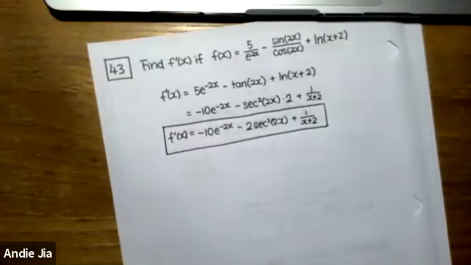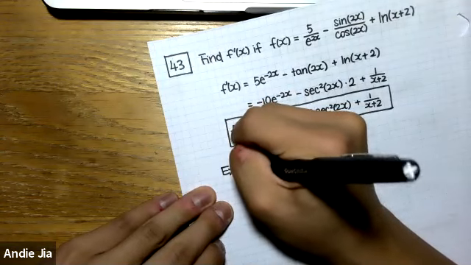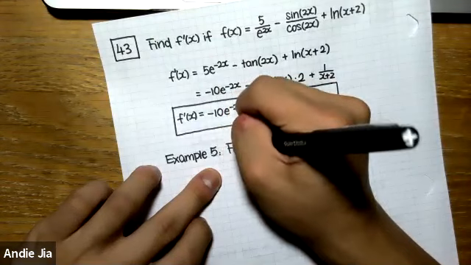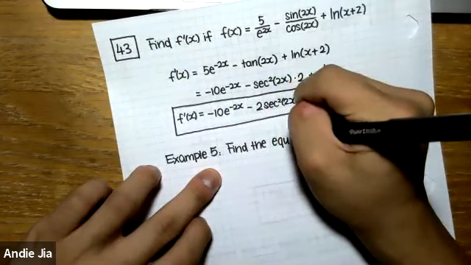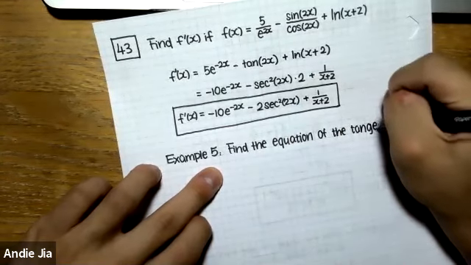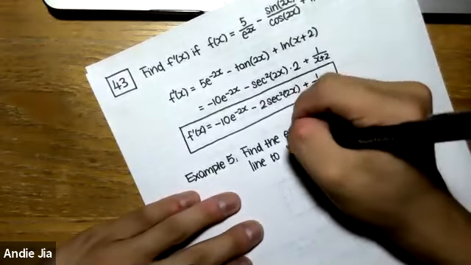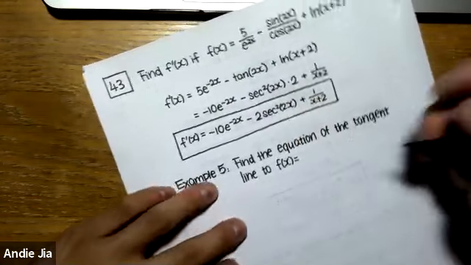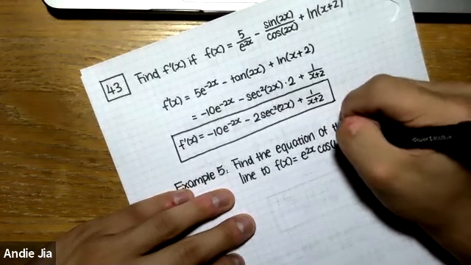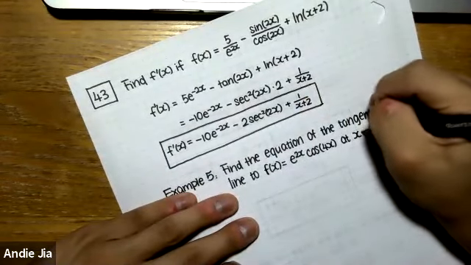Okay, now let's do another example. Example number 5: find the equation of the tangent line to f of x equals e^(2x) cosine of 4x at x equals 1.